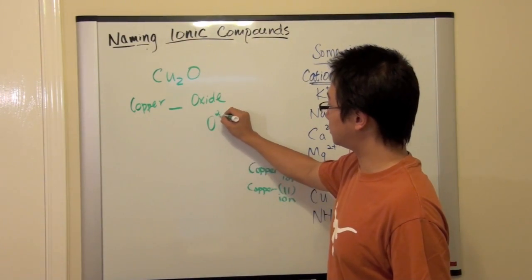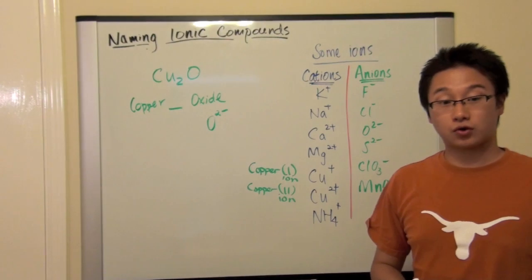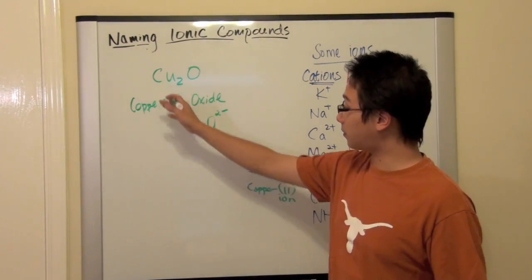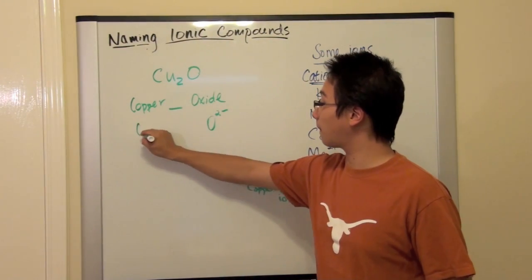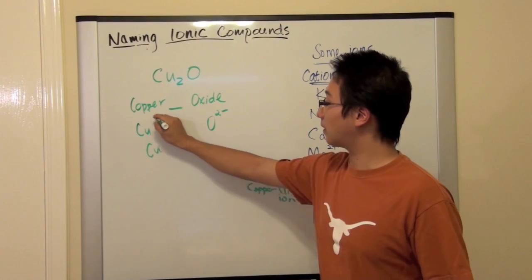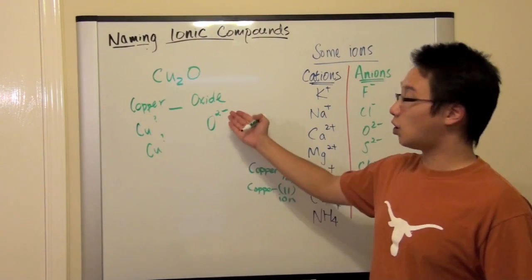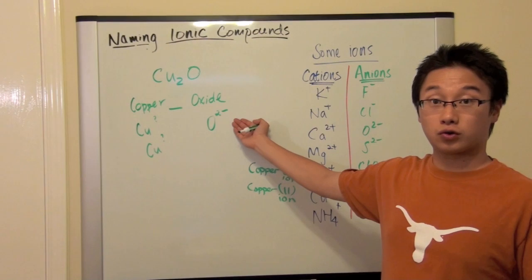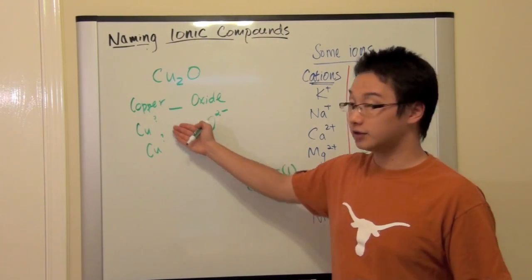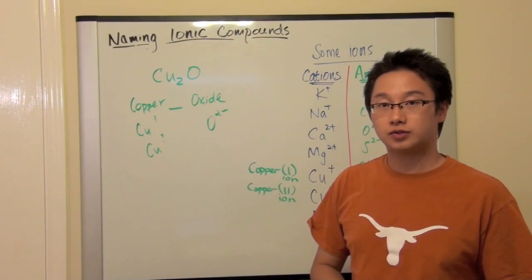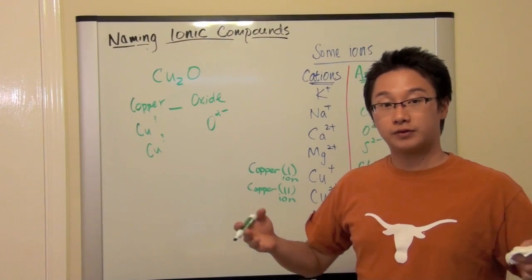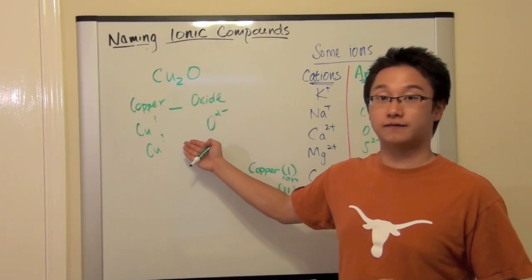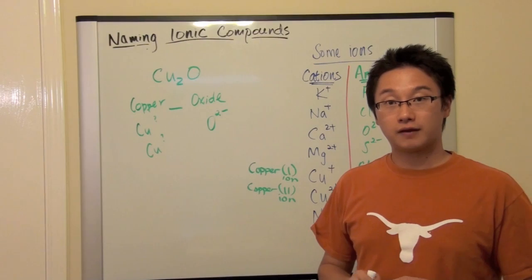Oxygen has a 2 minus, oxide ion has a 2 minus charge, and copper, in this case, we have 2 of them. Okay, so we need to figure out the charge. So on the right hand side we have 2 minus charge. On the left hand side we have 2 copper ions. And they all have to come up with the same amount of positive charge to balance out the negative charge.